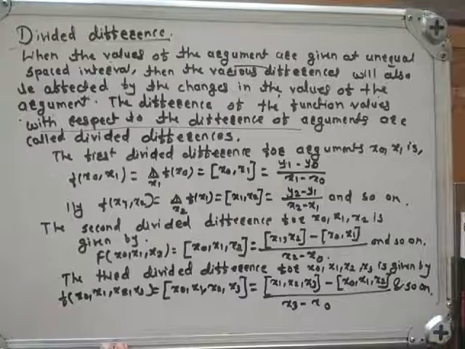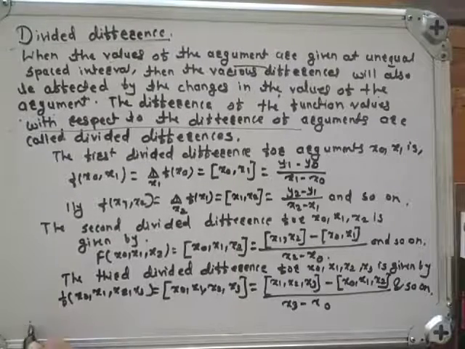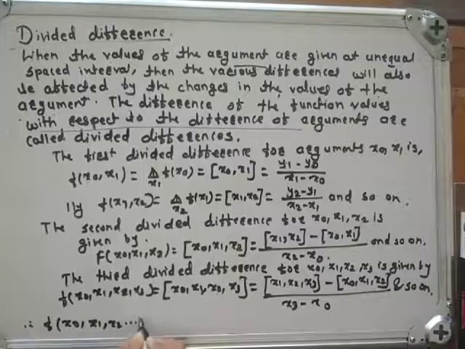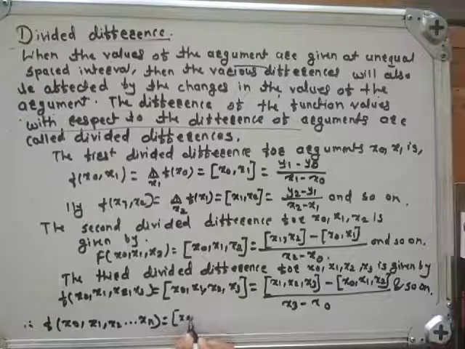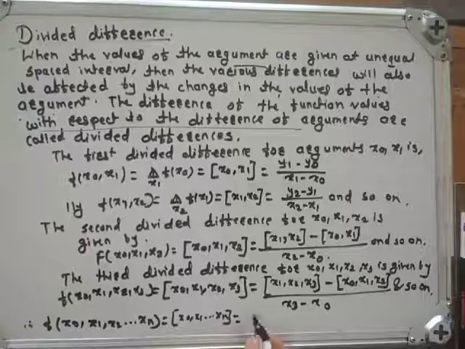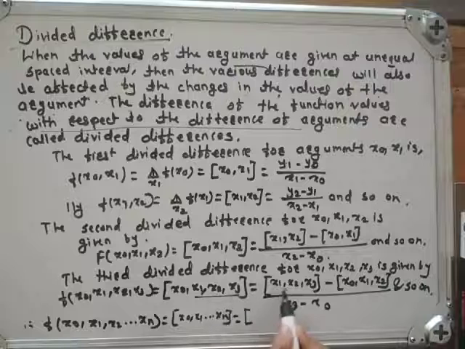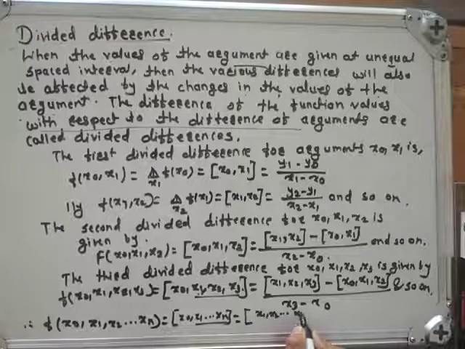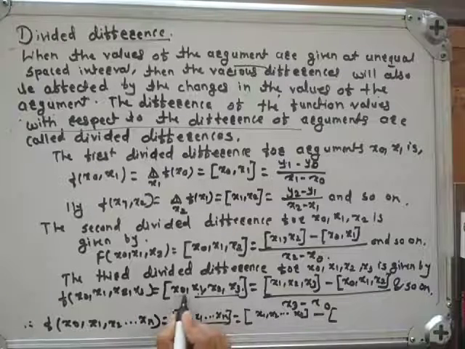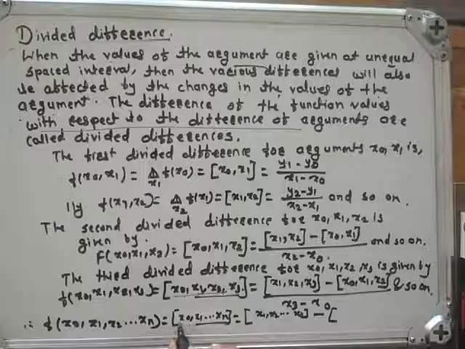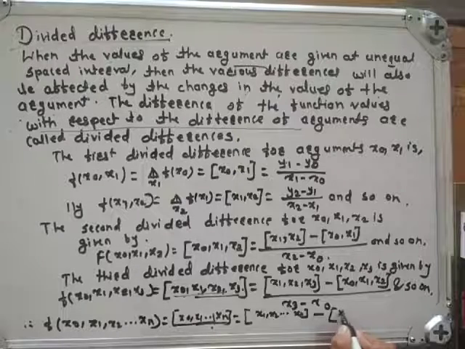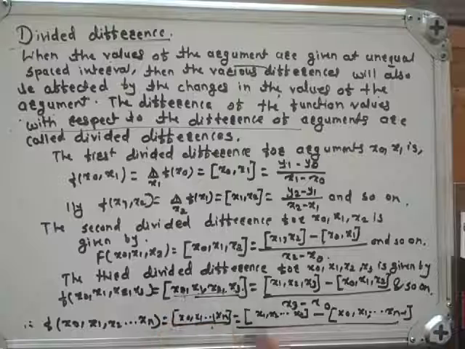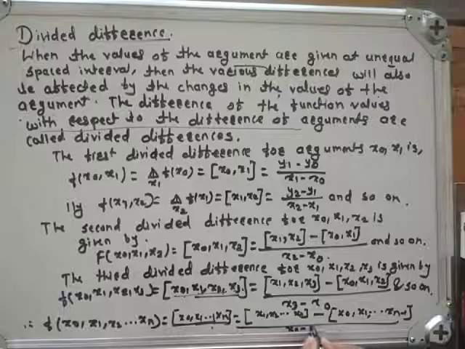Next is the nth divided difference. From this we can write down the general formula for the nth divided difference: f of x0, x1, x2 and so on up to xn, which is the bracket x1, x2 and so on up to xn, minus the bracket x0, x1 and so on up to xn minus 1, upon xn minus x0.